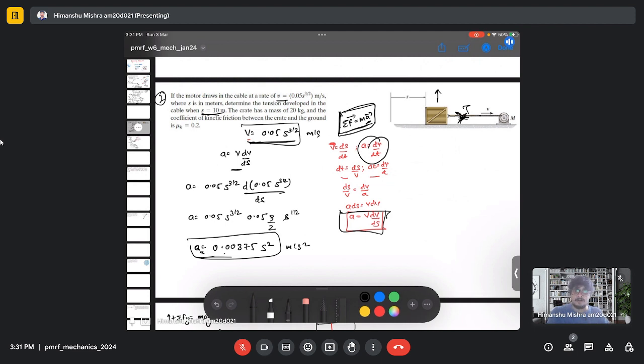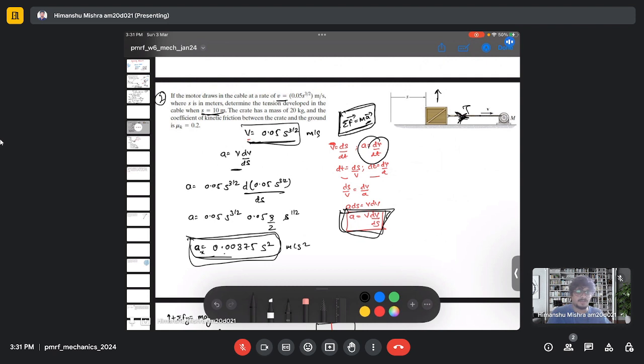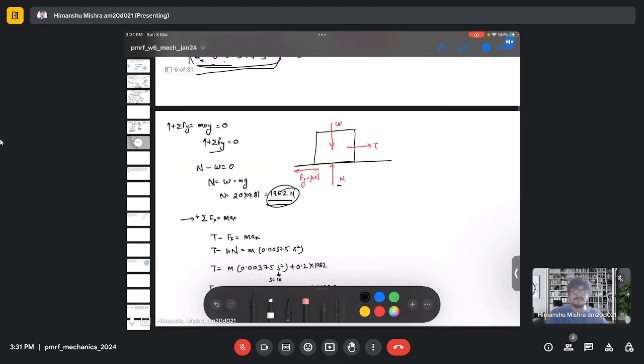Since the velocity is given in terms of distance, we used the kinematic equation to define the relation of acceleration with respect to distance. Once we got the acceleration, we did the force balance analysis to calculate the unknown force. From the vertical component we found the normal force, and from the horizontal component we calculated the tension force, which was the required unknown force.